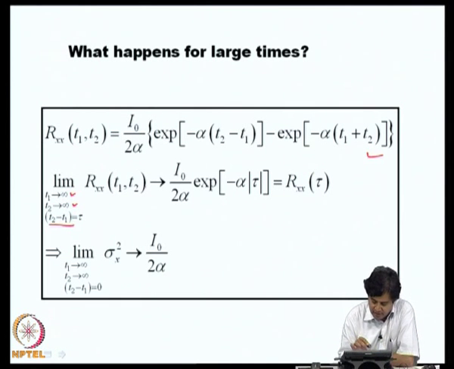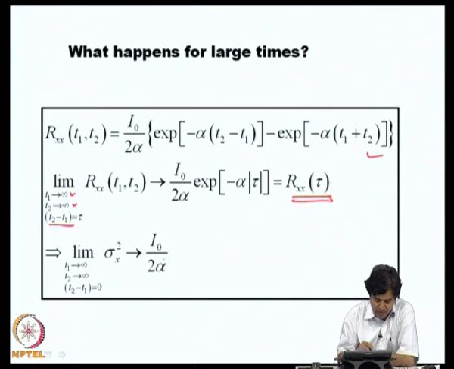If I do that, you can see the first term here will be exponential minus alpha tau, and the second term, as t1 becomes large and t2 becomes large, goes to 0. So, under this limiting operation, the covariance function, which is a function of t1 and t2, now becomes a function of only tau.